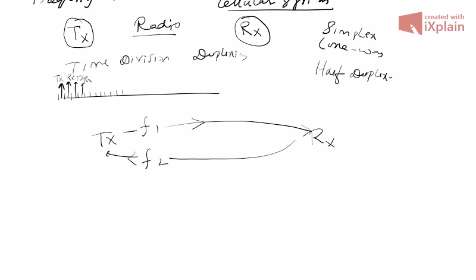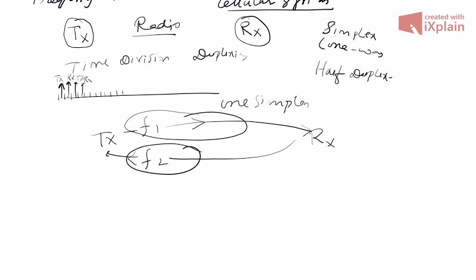If you have only F2 frequency, then it is a simplex system. So these are the two simplex systems. F1 only is one simplex system, F2 only is again one more simplex system. These two together, when we use both F1 and F2, form the duplex system.